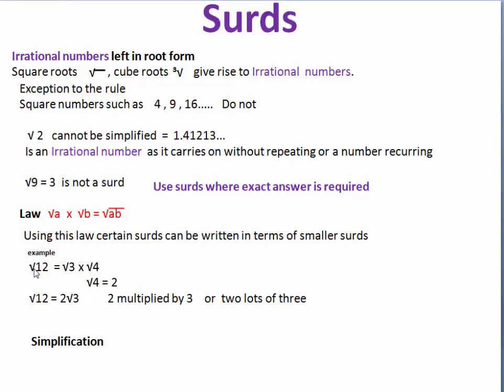So we can break up this large surd like square root of 12 into two factors of 12, which are 3 and 4. So square root of 12 is square root of 3 multiplied by square root of 4. Now note that this square root of 4 is a square number, gives us 2. So we can simplify and put 2 instead of that. So this becomes 2 square root of 3. So square root of 12 equals 2 square root of 3, simplification.